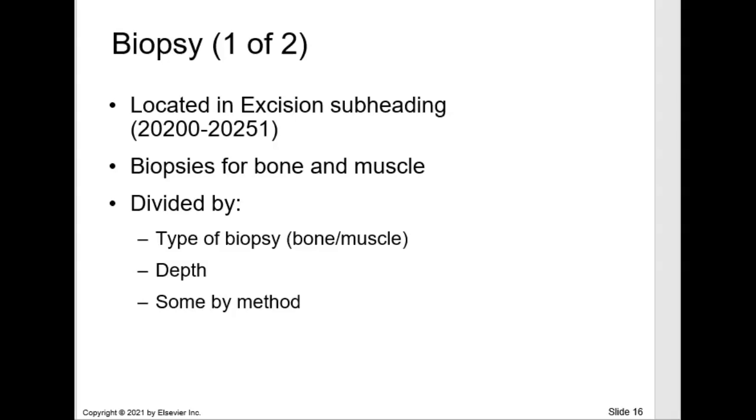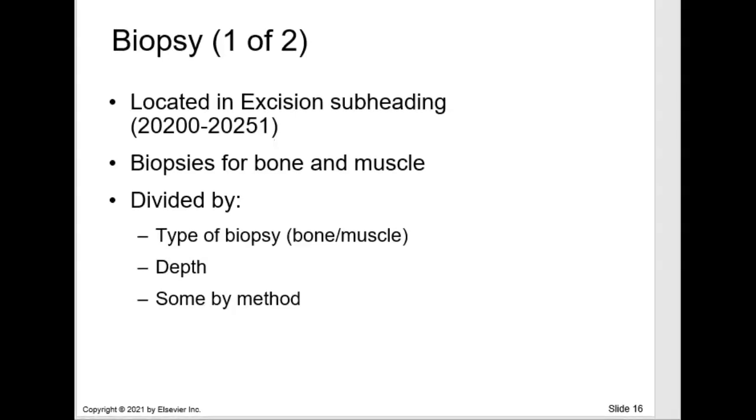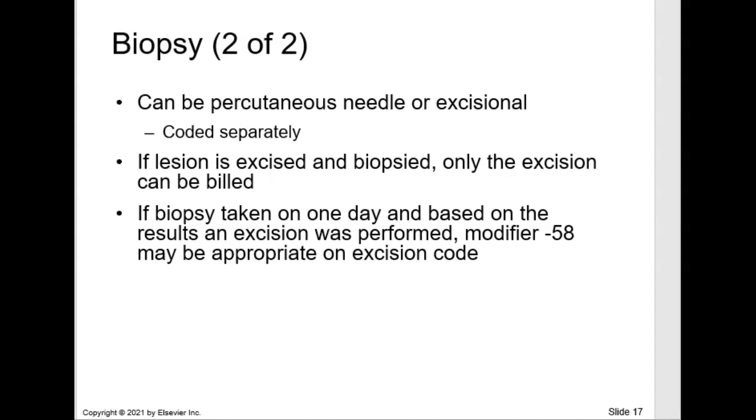So you want to know the type of biopsy, bone or muscle, how far it went, and usually the method. Okay, so a couple of different things. They can be percutaneous needle, means they take a needle in, pull whatever they need out, or excisional, where they actually go in there and scrape some bone out.